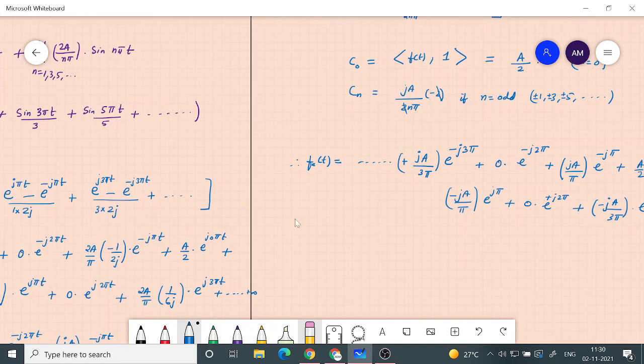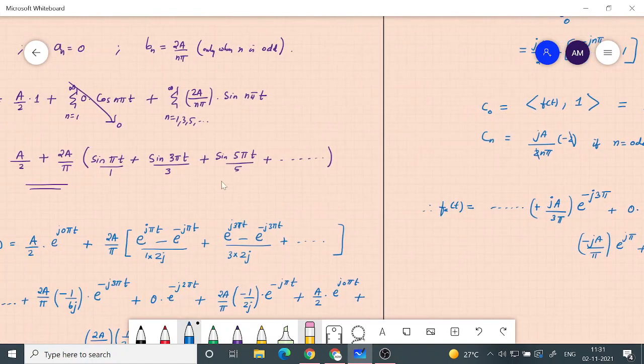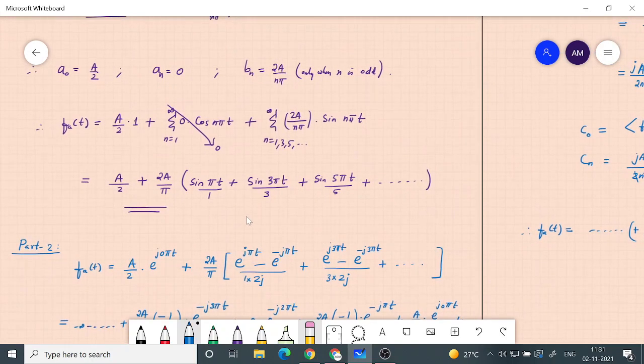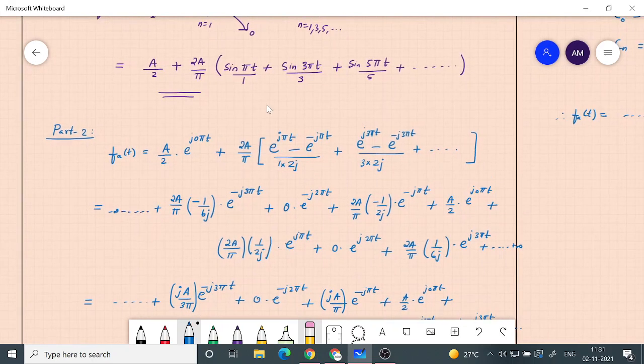Sir, when we got the trigonometric expansions of this, so then for part 2, why did we expand in such a long way for this?